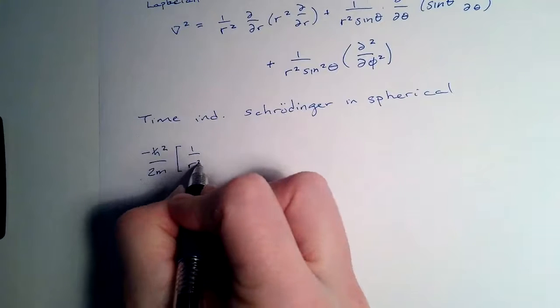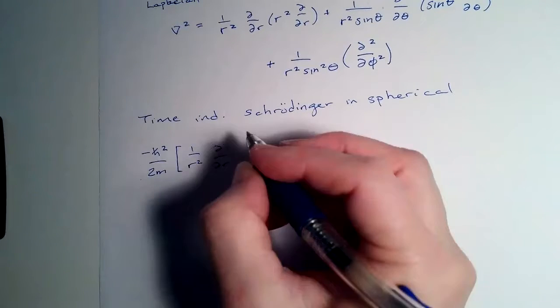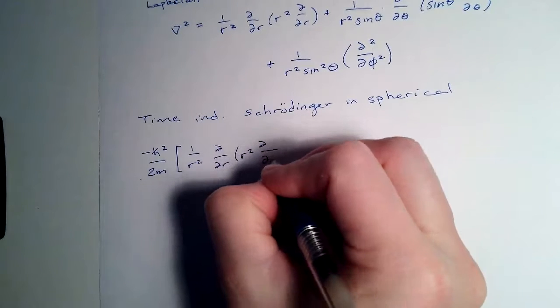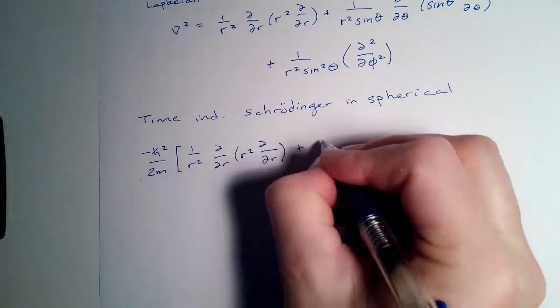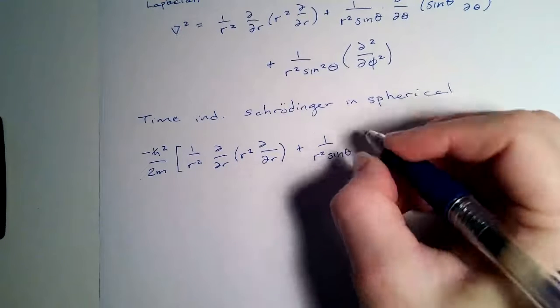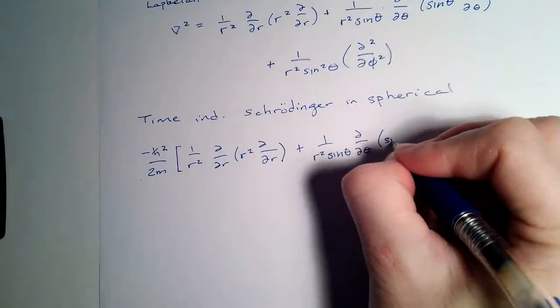So I've got 1 over r squared, an instruction to take a derivative, another instruction to take a derivative. Okay, I'm going to copy what's above down in here where the Laplacian is.